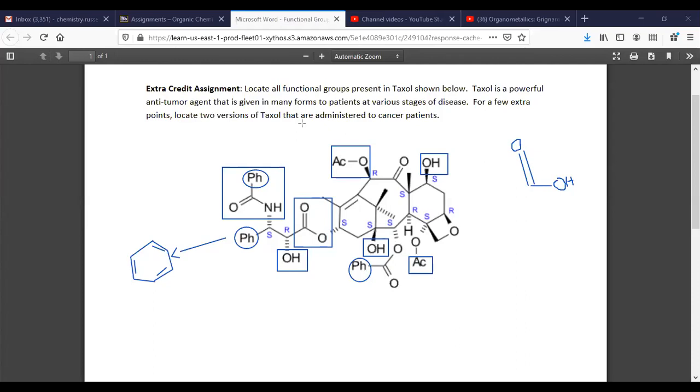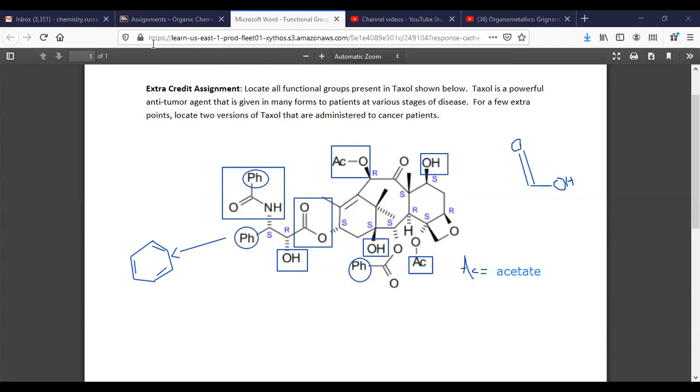So Ac is an abbreviation for acetate. It's a type of ester.